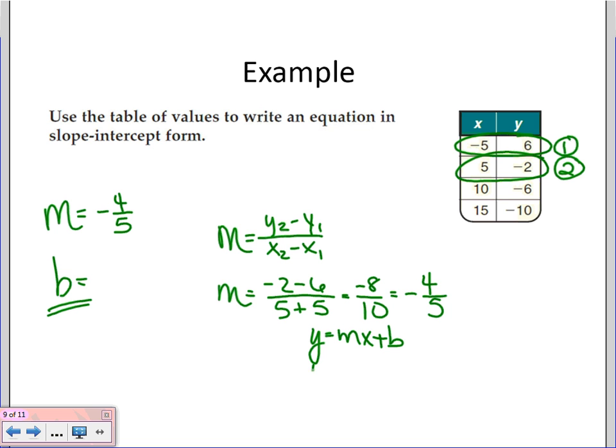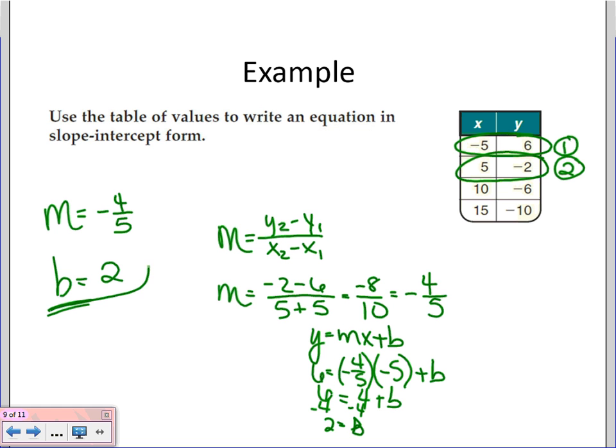So we'll plug in 6 equals m, which is negative 4/5, times x, which is negative 5. And we're going to solve for b. So negative 4/5 times negative 5 is positive 4 plus b equals 6. Subtract 4 from both sides, and b equals 2. Okay, and then from here, we're going to write our equation. Y equals negative 4/5 x plus 2.